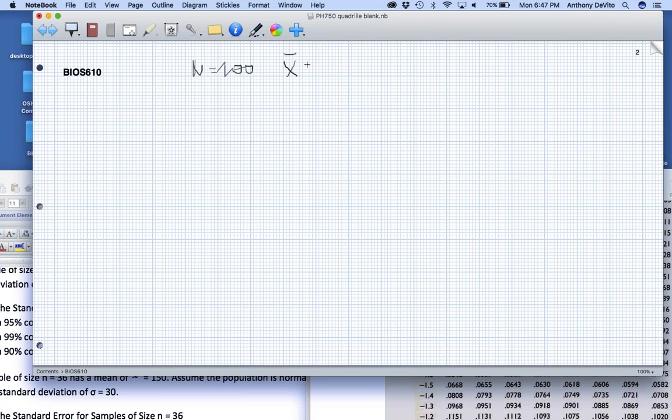Our sample mean was 150. And sigma for the population was equal to 30. So our standard error is 30 divided by the square root of 100, right? That's sigma over the square root of n. It's going to be equal to 3.